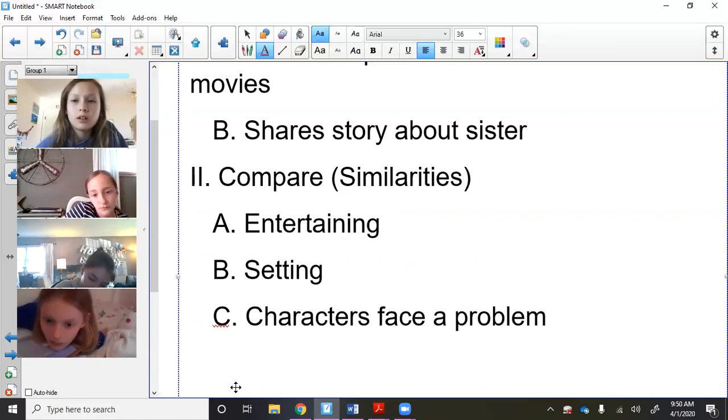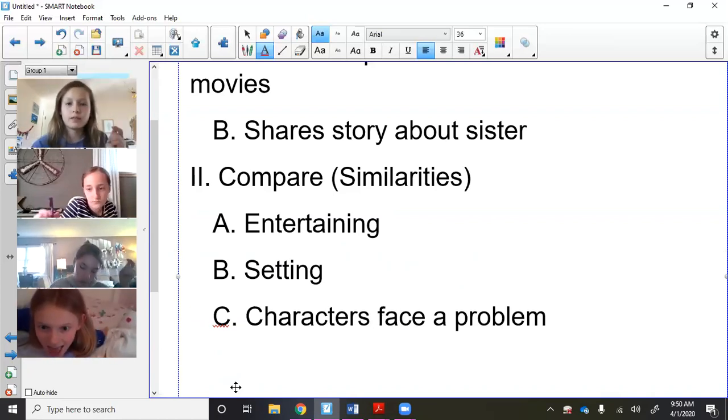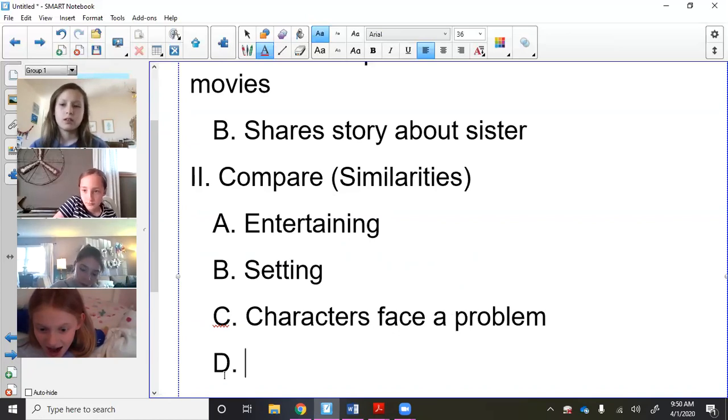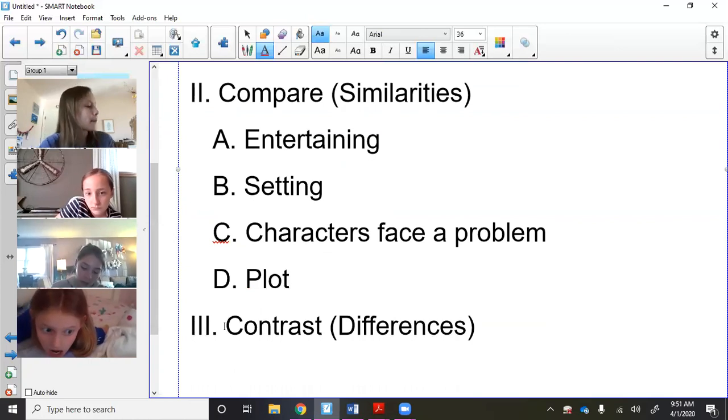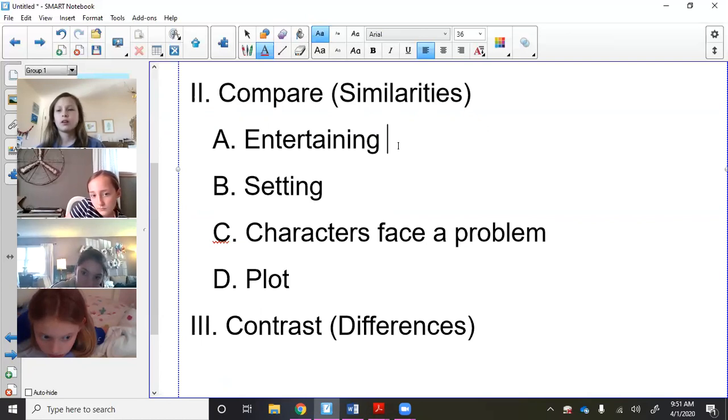Good, thank you, Sophia. Snaps for Sophia. All right. So as I went through, I quickly just wrote down, okay, what are the main points they talk about? They talked about how they're both entertaining. They both have a setting, and they have characters that face a problem, and they have a plot. You could continue on.